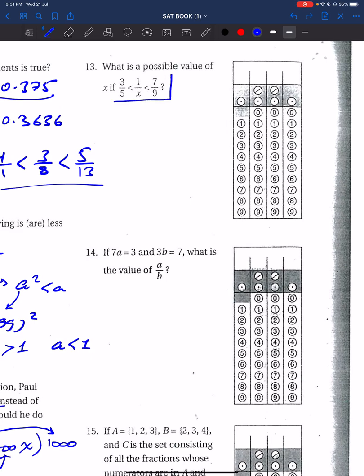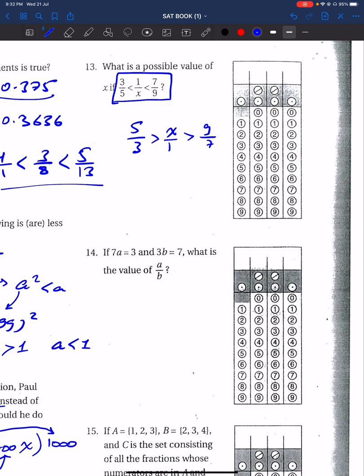Now, in order to solve such an equation, what you do is you flip them all and take their reciprocal. So here you'll get x over 1 and 9 over 7. But now you need to flip the inequalities as well.